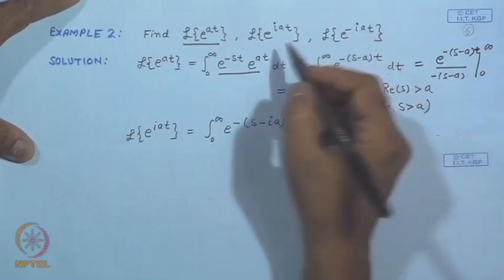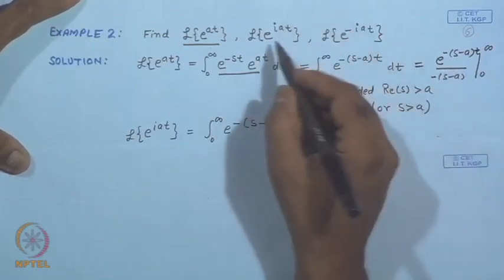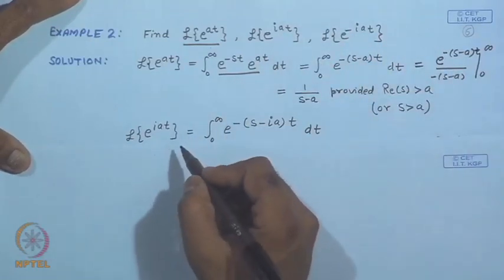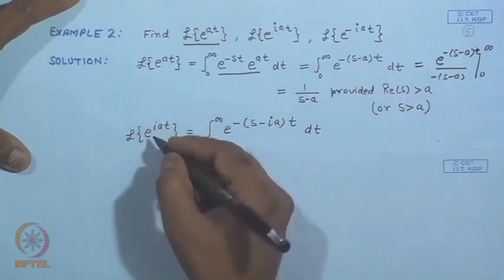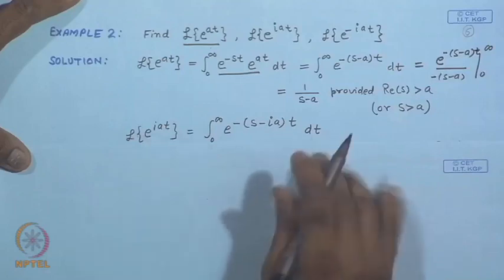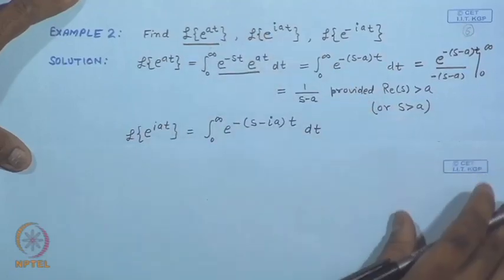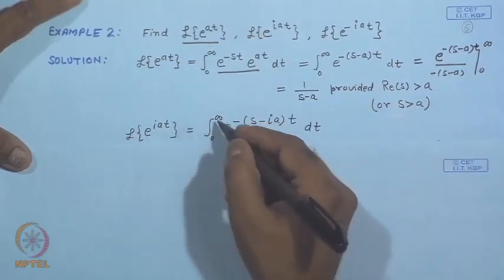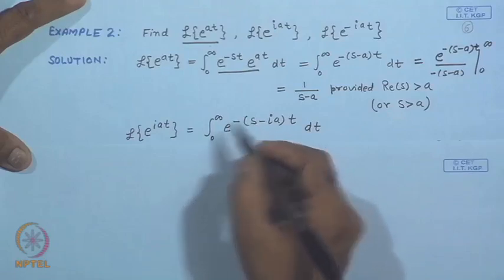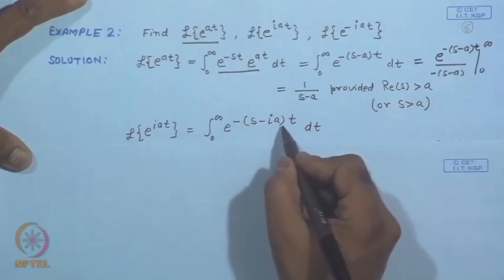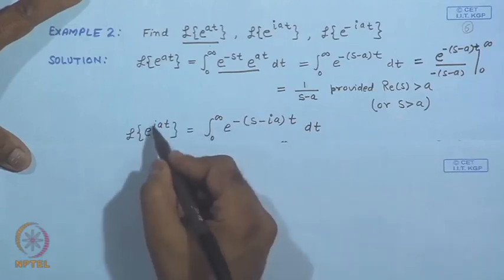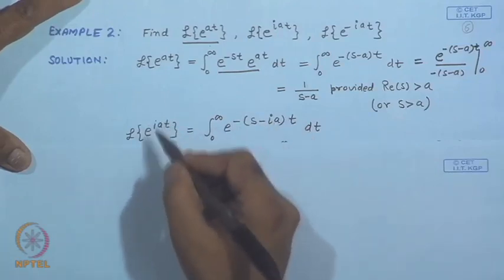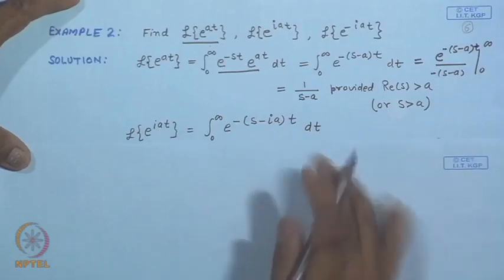So, let us take one of the two functions here, e power i a t or e power minus i a t. So, we consider this e power i a t, the Laplace transform, and again as per the definition we have 0 to infinity e power minus s minus a t. So, e power minus s t is the kernel, and then e power i a t is the function, and then this dt.